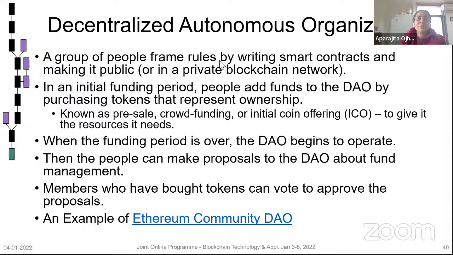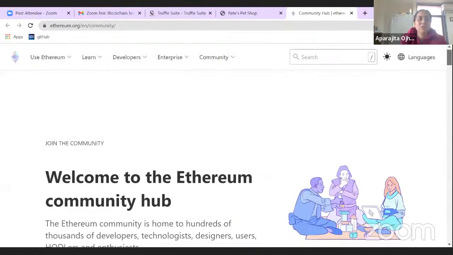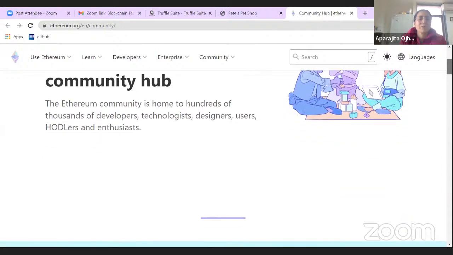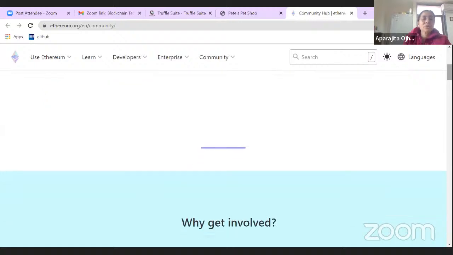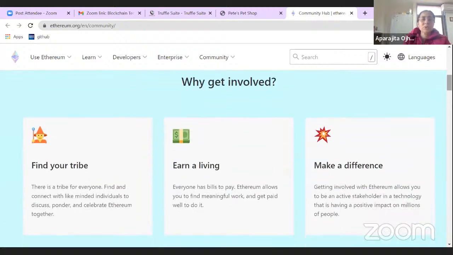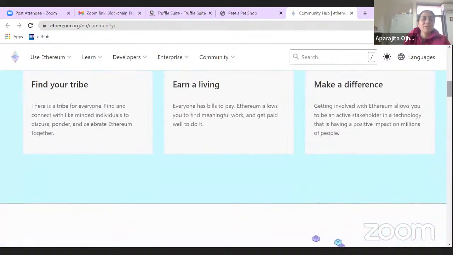An example of an Ethereum community DAO, let me tell you. Come to this Ethereum community DAO. You can see this Ethereum community hub is home to hundreds of thousands of developers, technologists, so you can also be a member, users, and so many enthusiasts also. So who gets involved? Find your tribe, earn a living, make a difference.